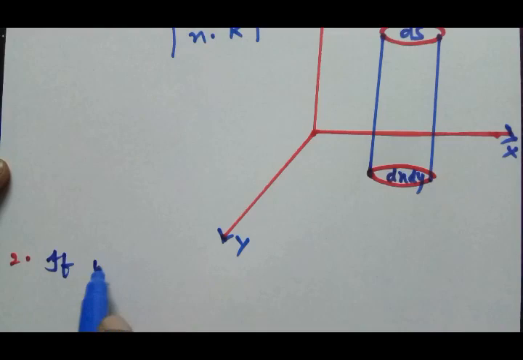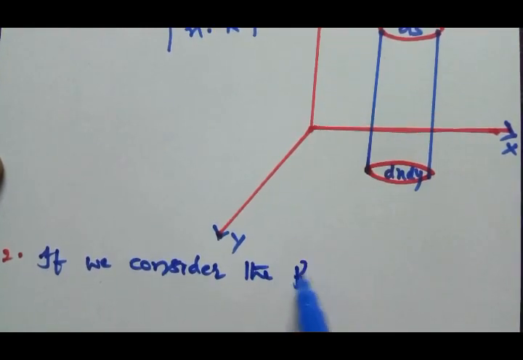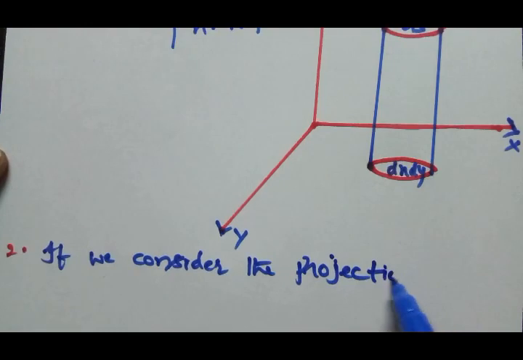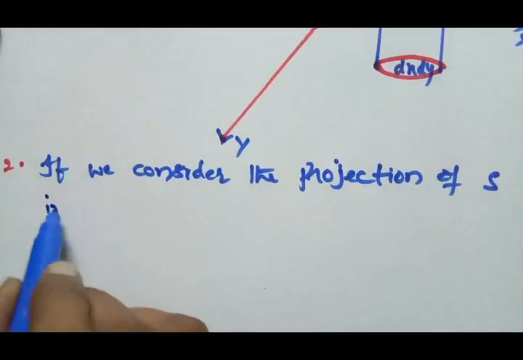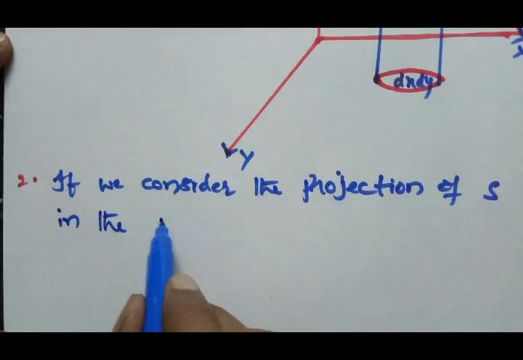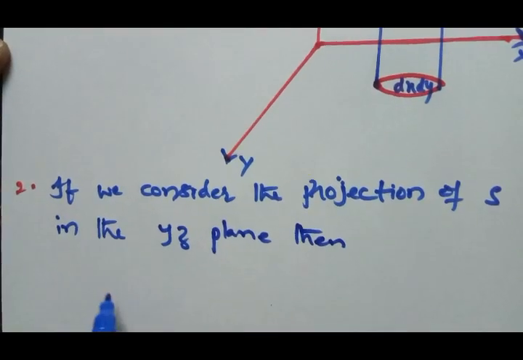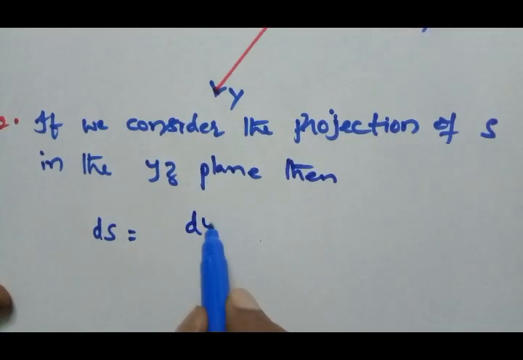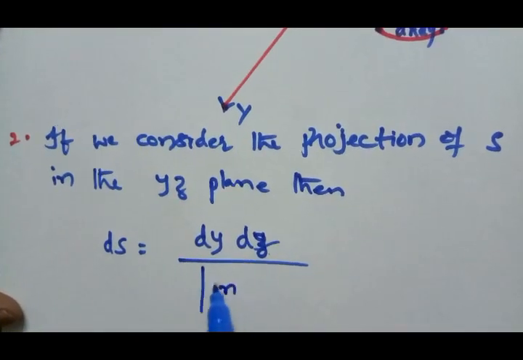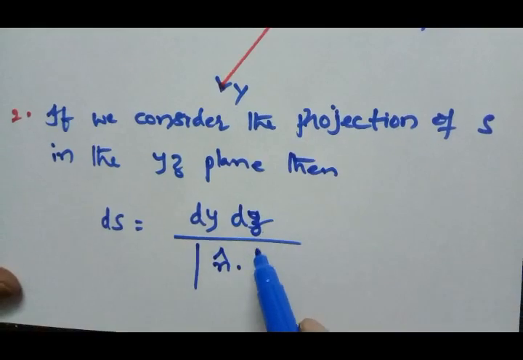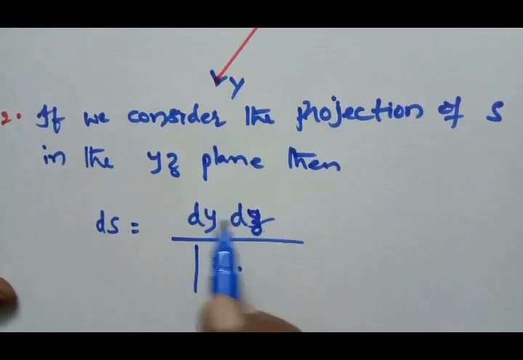Similarly, if we consider the projection of S in the yz plane, then ds is equal to dy dz by modulus of n cap dot the unit vector along the axis perpendicular to yz, that is the x-axis.